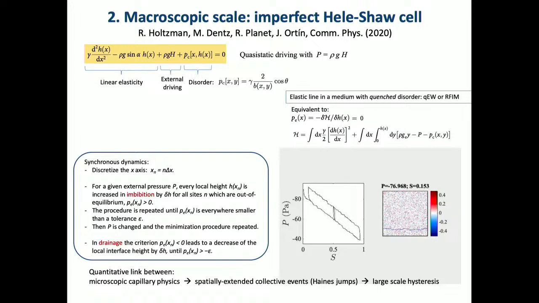So h of x is the interface, but it can touch patches of defects at many different locations. So actually P_c is dependent on x and on h of x, because this is like a quenched disorder. It is a quenched disorder, which is only acting when the interface is on it. If not, it is not acting.